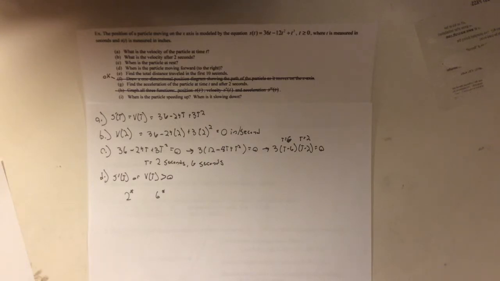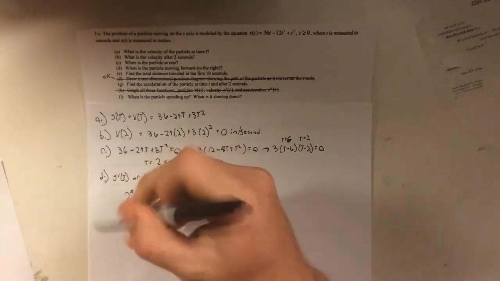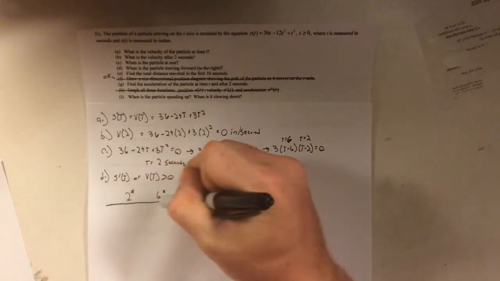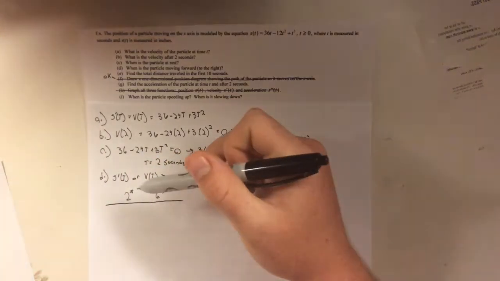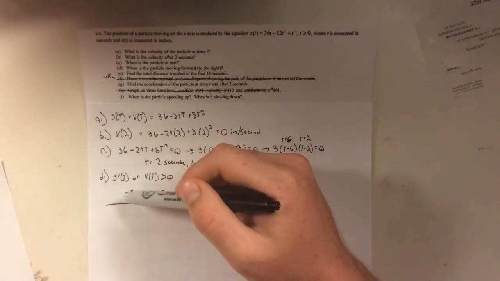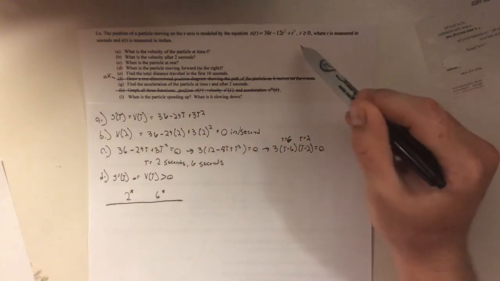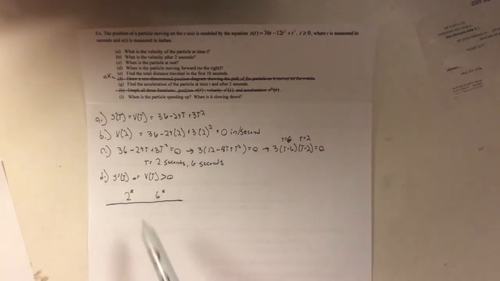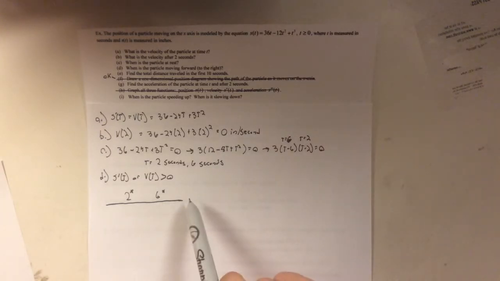This is when the velocity is equal to 0. So, make a little table here. We have to test values between 2 and 6, between 2 and 0 because we can't go lower than 0, and between 6 and infinity.